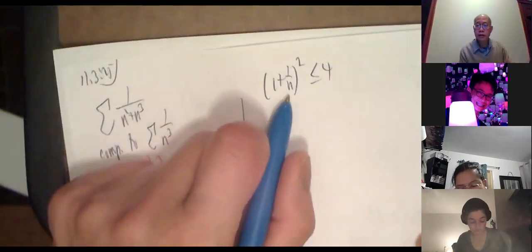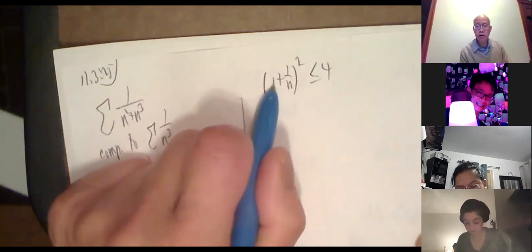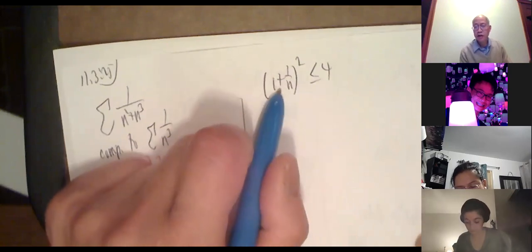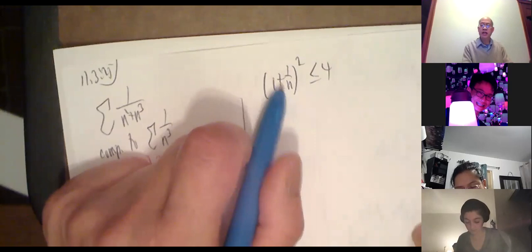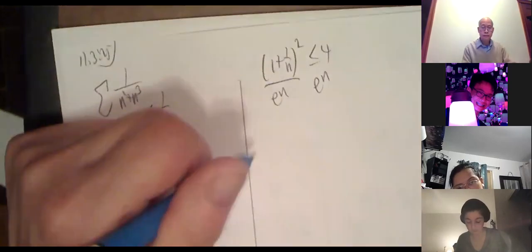If you plug in 1, you get exactly 4, right? 1 plus 1 is 2. If you plug in 2, it's 3 over 2 squared, which is less than 4. If you plug in 1,000,000, it's practically 1 squared. So I have this, and then I divide both sides by e to the n.